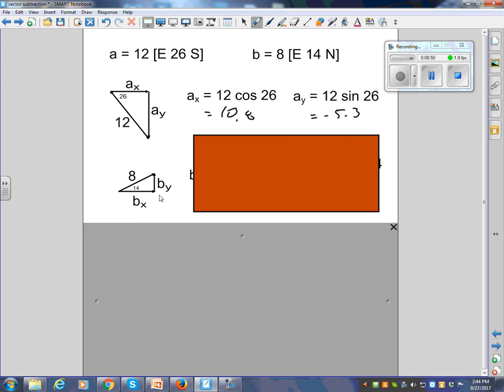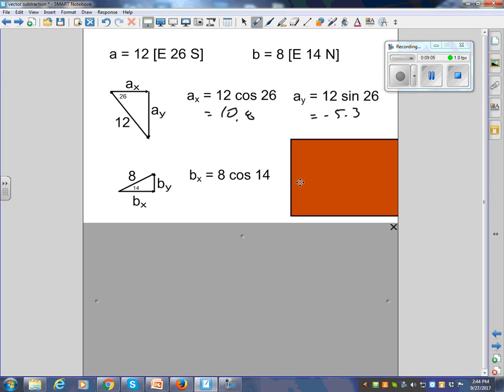The y is opposite. The x is adjacent, right? It's beside, so it's going to be the cos. So we've got 8 cos 14, which is 7.8. And that's to the right, so positive.